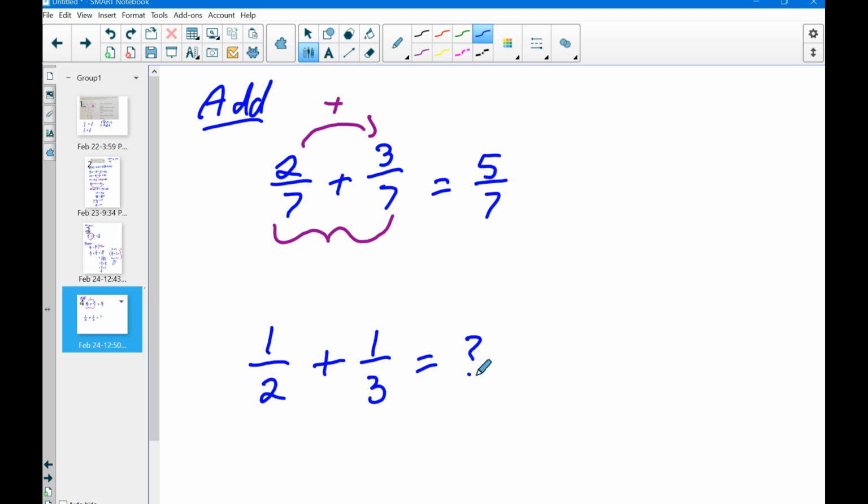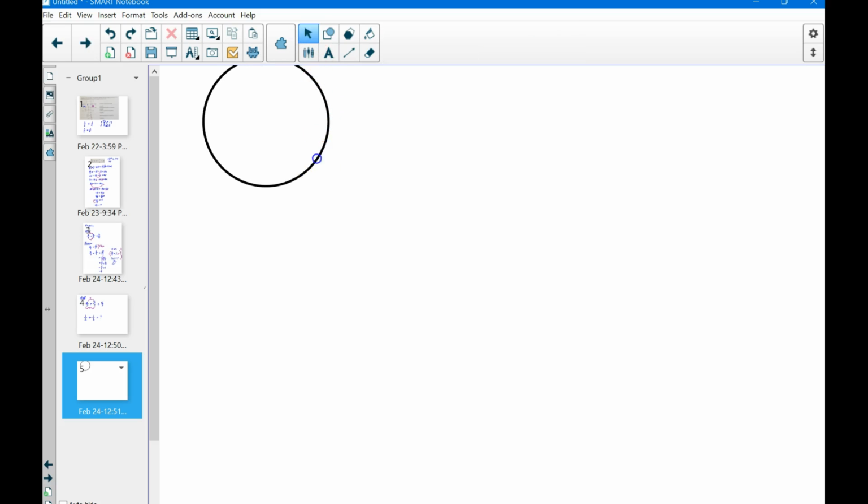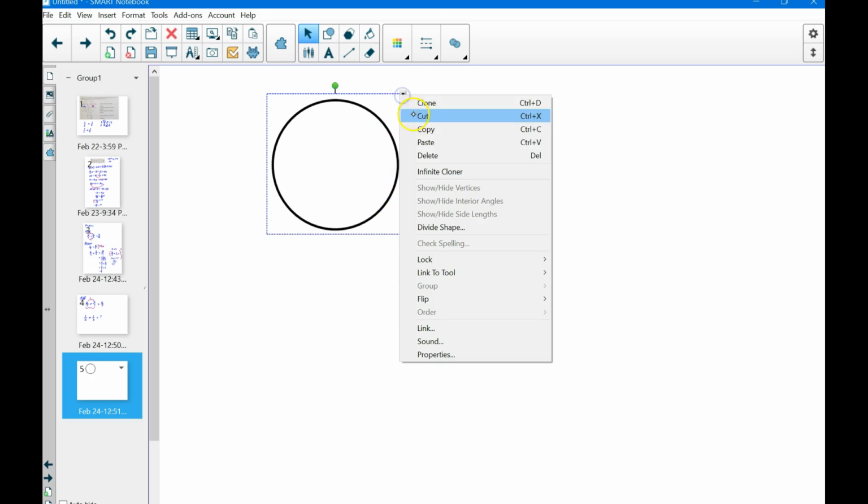Well, let's have a look. I want to start on the page. Let's have a look at it closely. What I want to do here, for example, is start out with some circles. I'm going to make a bunch of circles.